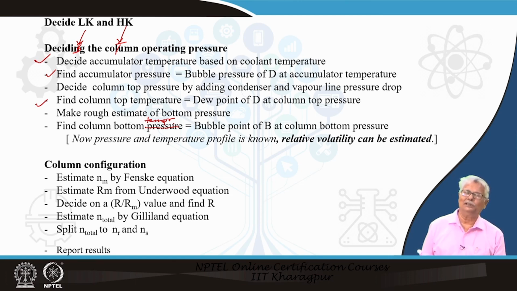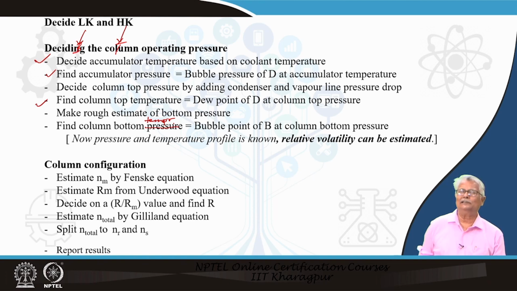Using the formulae which have already been told to you, we evaluate Nm as per the Fenske equation, after definitely correcting for the plus 1 and minus 1 that we have talked about earlier. We estimate the Rm from the Underwood equation, which is the minimum reflux required for the separation. We decide on an R by R minimum value above 1, maybe 1.1 or so, and find out the R corresponding to that R by R minimum of 1.1 as a first trial.